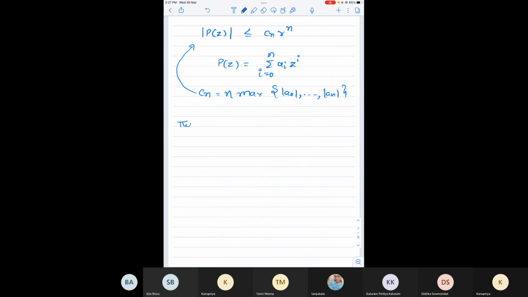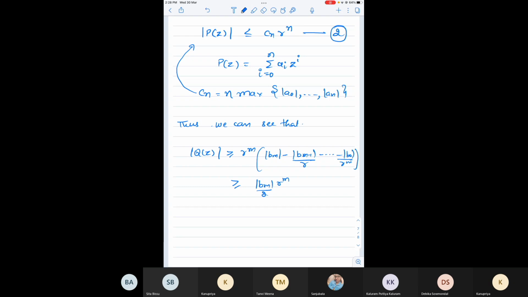Now you can see that the mod of QZ will be greater than some R^m times the mod of Bm, right? You take all the coefficients from the other side over here, and half of it remains, which will be greater than the mod of Bm by 2 times R^m, right?